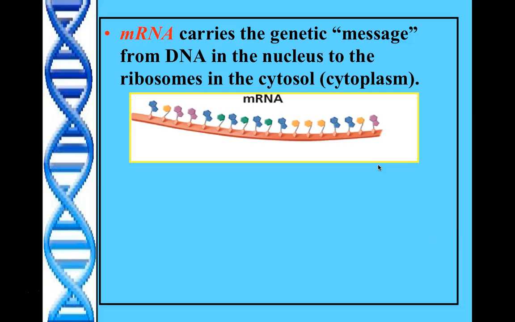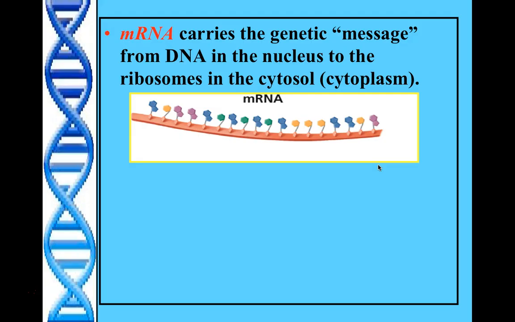And mRNA, again, is messenger RNA. This is going to be our messenger that takes the code directly from DNA, and it's going to be the traveler and go all the way to the ribosome. The ribosome is going to be the major player in protein synthesis because, as we learned earlier in the year, the function of a ribosome is to make protein.